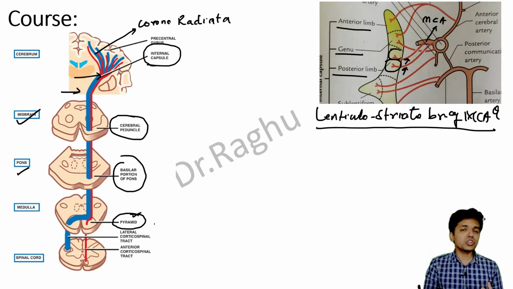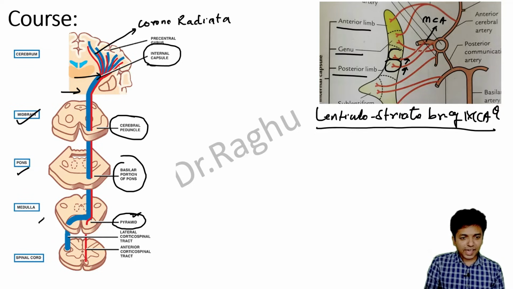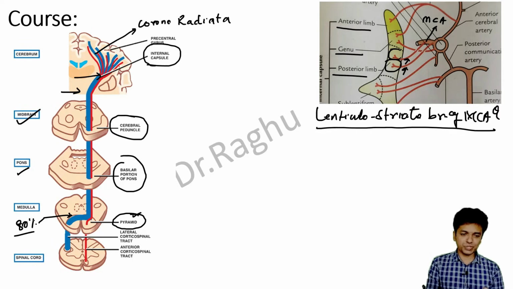Then what is going to happen to these fibers in the lower part of the medulla? As we can see here, 80% of the fibers are crossing over to the opposite side.